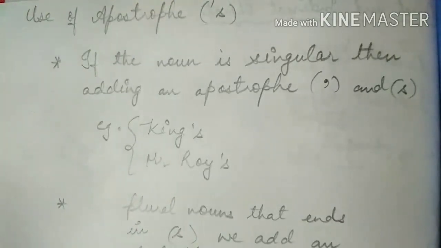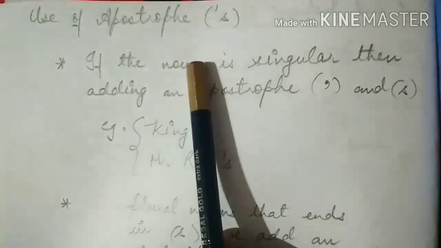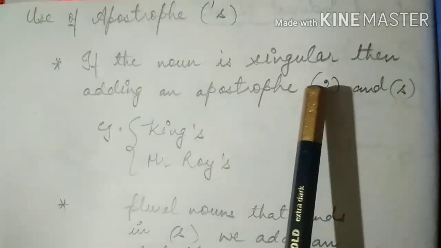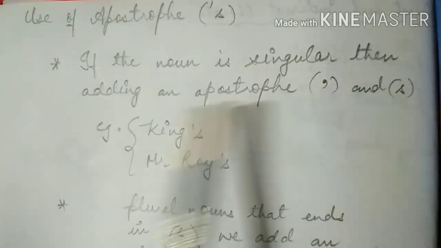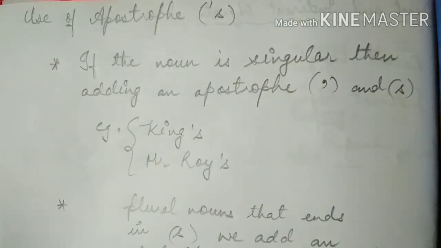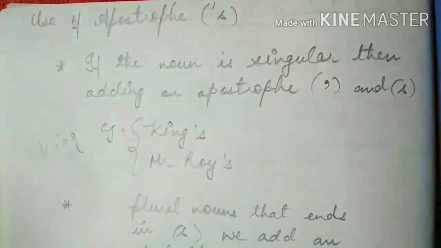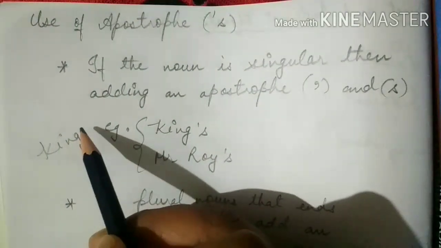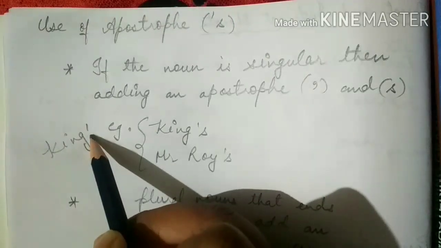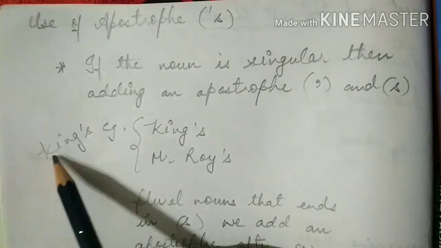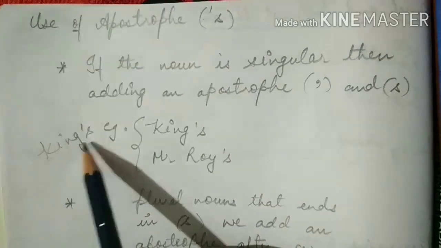Now we'll see the use of apostrophe s in the possessive case. It says that if the noun is singular, we add an apostrophe s. Suppose the noun is just king, so we add apostrophe s just after the word king to show the possession.